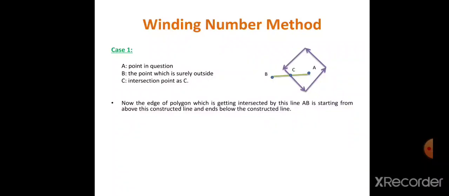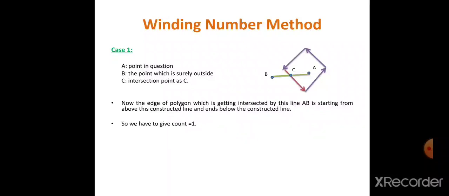So, you can see here the line is changing color, right. This color-changed line is intersecting the line AB, right. So, AB is my drawn line. You can see that this line is starting from above the drawn line and it ends below the drawn line. If it is starting above and ends below the drawn line, then we are considering the value as a 1.